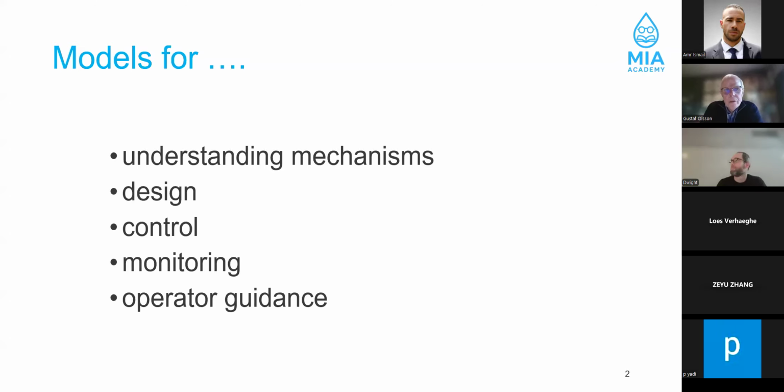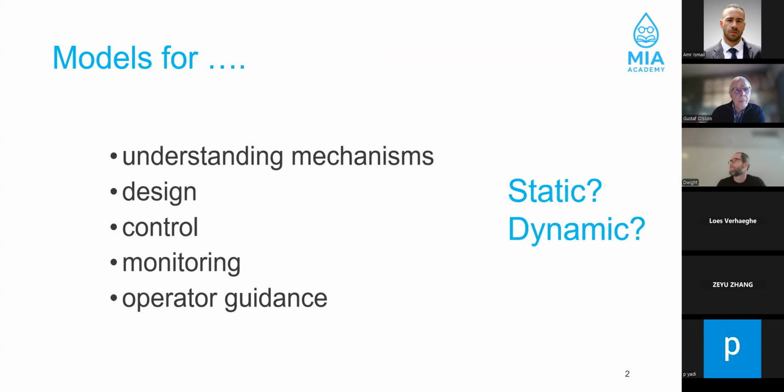We use models for control, for monitoring of what's going on in the treatment process, and we would like to have models for operator guidance. Depending on the purpose, that means we don't have one single model. We have a whole spectrum of different models depending on the user.